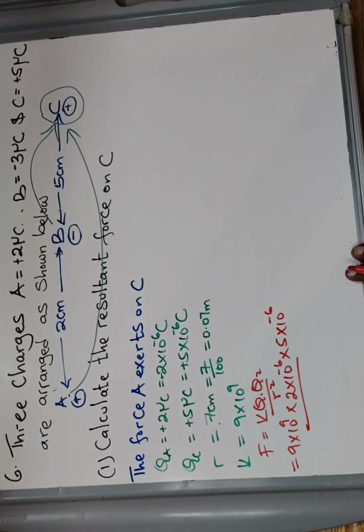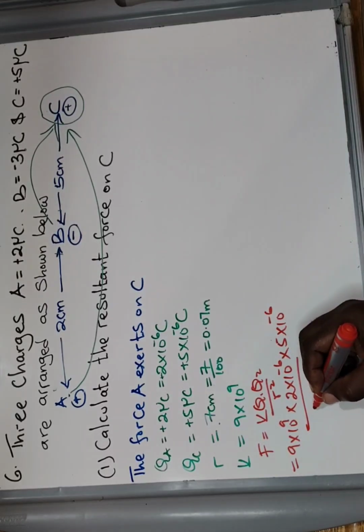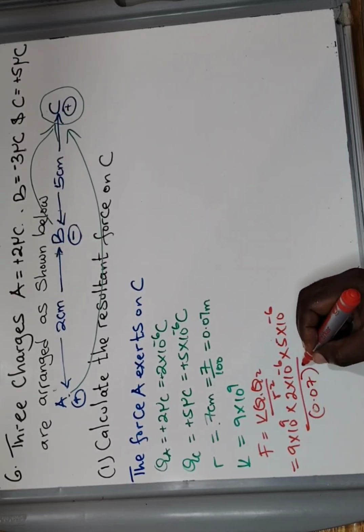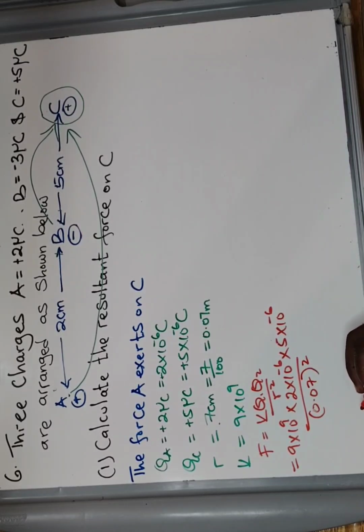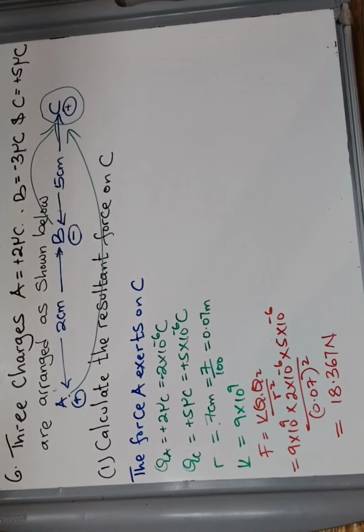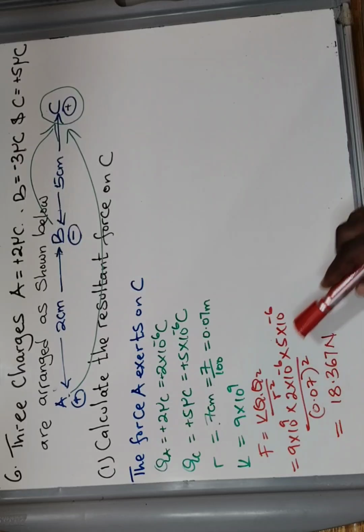Okay. The intermediate distance is going to be 0.07 squared. What do we get out of this? Let us see. So there we are. Our force is 18.367 newtons.